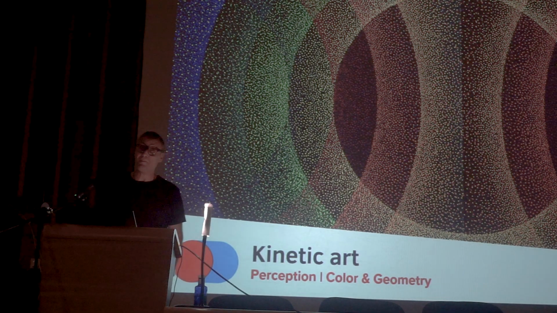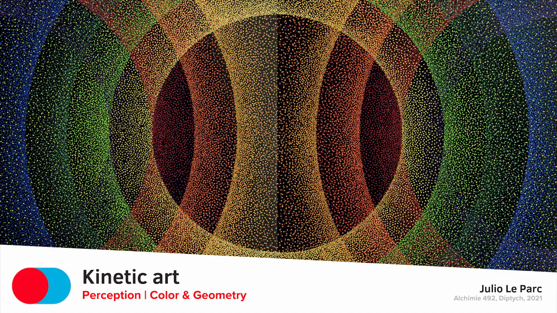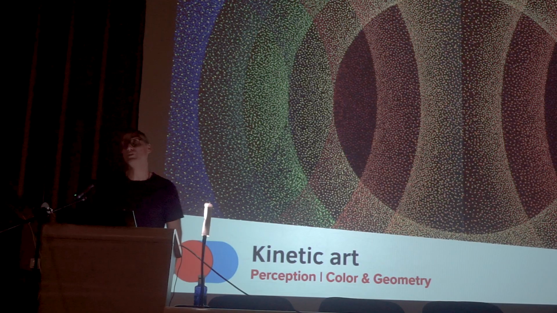That was the algorithm. The aesthetic that I wanted to provide was related to kinetic art. I love the art of Julio Le Parc and how with color, with composition, with tiny dots, you can suggest motion, vibration. So that was the objective, the goal.